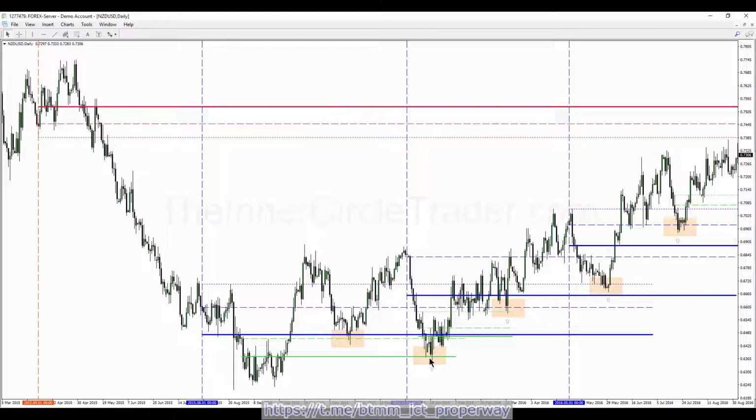The price rallies, price dips below the previous low into an order block here, capitalizes longs, comes back down into the down candle here as well. New buying, rallies up. Look at all the consolidation around the monthly mean threshold from August 2015 and the weekly open from the weekly order block over here.